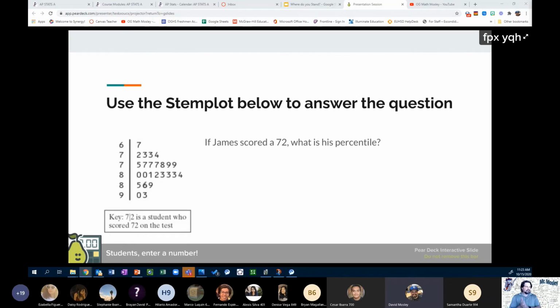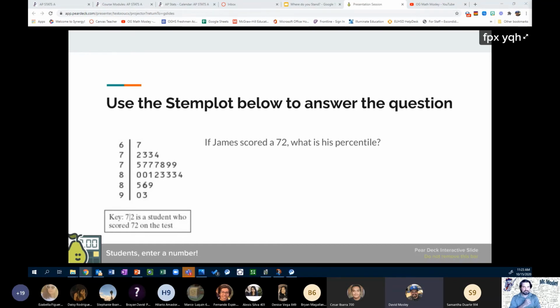All right, so using the same exact stem plot, all of these questions are going to use the same stem plot. If James, the student, scored a 72, what is his percentile? The percentile should be a number between 0 and 100.